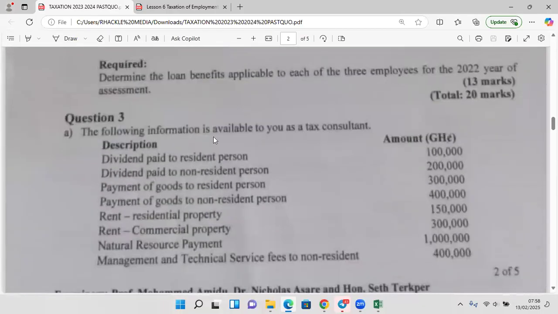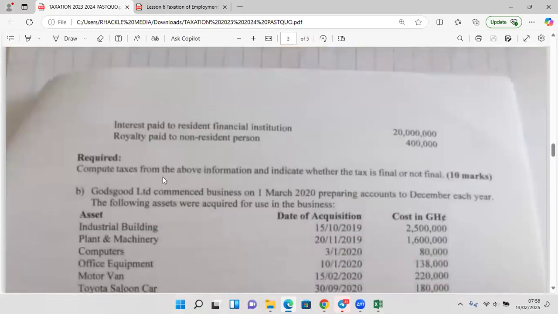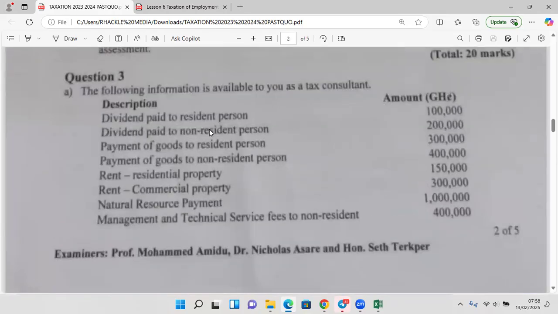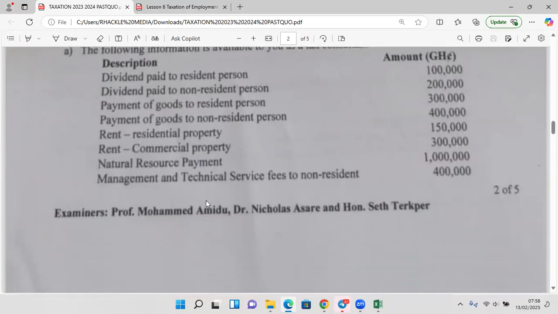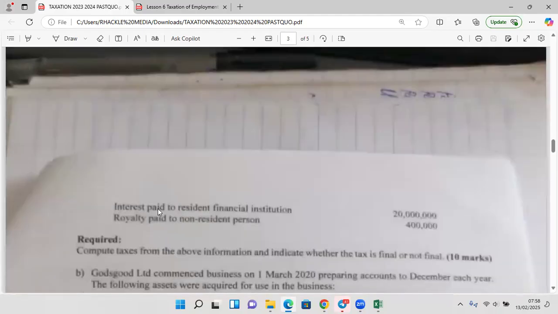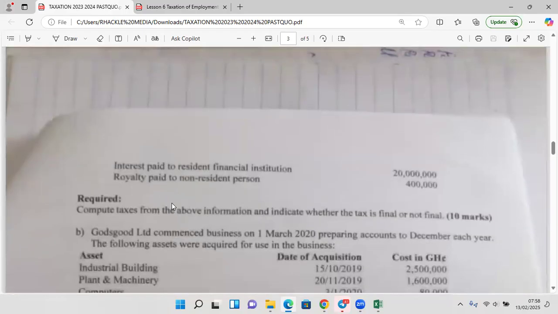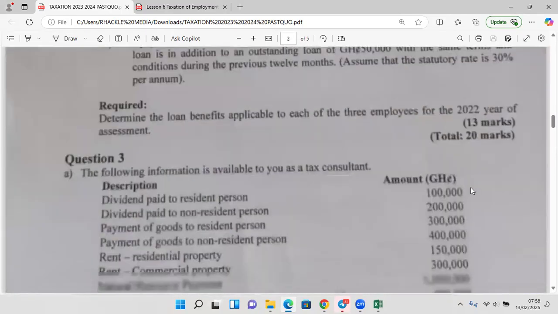So the following information is available to you as a tax consultant as a requirement. Compute taxes from the above information and indicate whether the tax is final or not final. So these are the ones that we have: dividend paid to residents, dividend paid to non-residents, payment of goods to residents, payment of goods to non-residents, rent and residential property, rent, commercial property, natural resource payments, management and technical service fees for non-resident, and also interest paid to resident financial institution, royalty paid to non-residents.